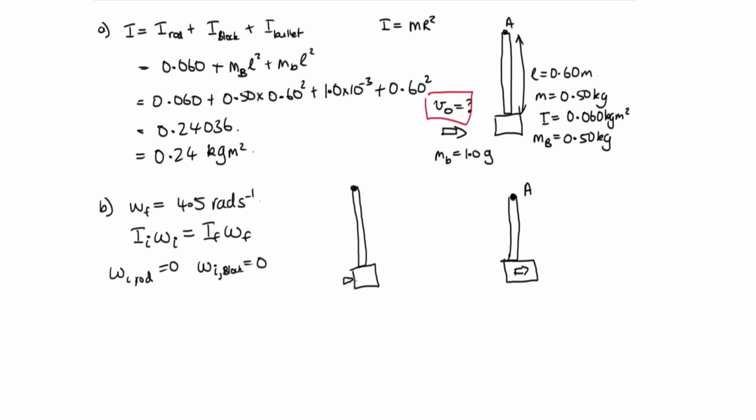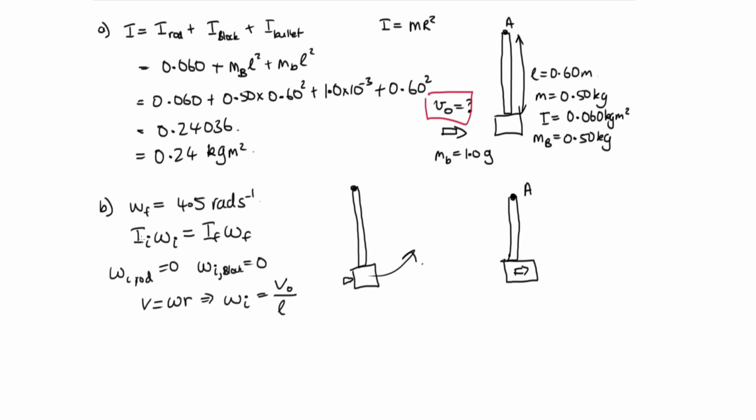Now, as the bullet enters the block, it's going to cause it to rotate around this way. So the speed of the bullet is related to its angular speed through our equation v is equal to omega r. And so the initial angular speed of the bullet is given by its initial speed over the length of the rod, because that's the distance from the pivot point at which it enters the block. So we'll be substituting that in to find our v naught.